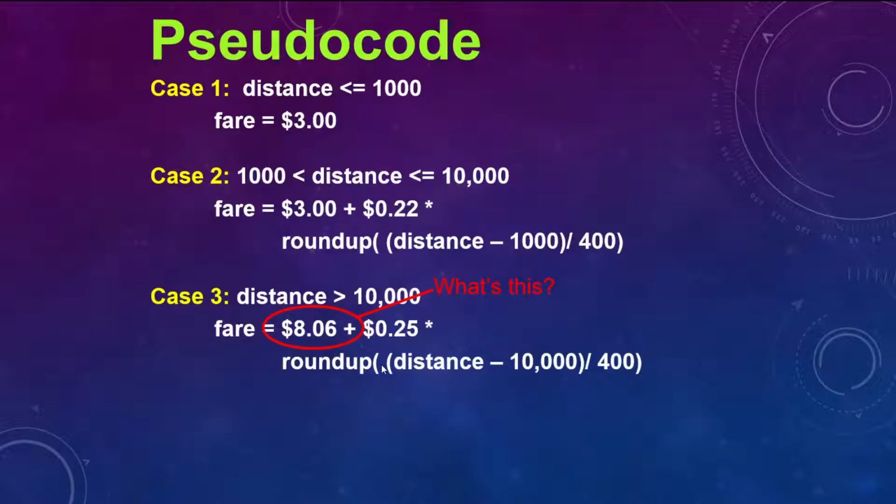This is essentially the maximum value you can get from case 2. If case 2 is 10,000 and you substitute into these steps, you'll get $3 plus whatever is from this portion here. This will give you 8.06, the fare for 10 km.